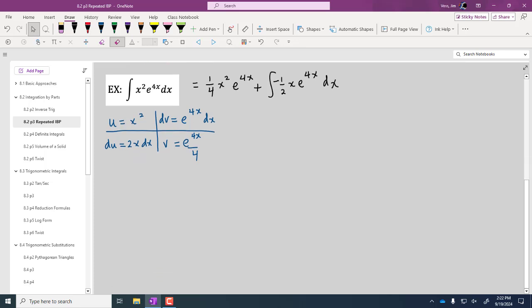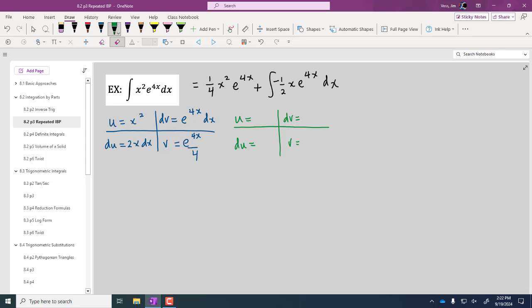Similarly with that 1/2, it's safest just to leave it inside the integral and let it sort of come out in the wash as part of the next u and dv. So that's our second one.